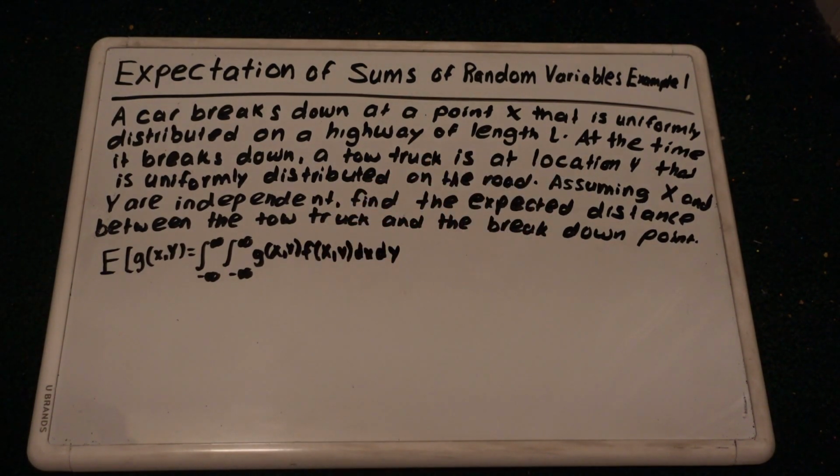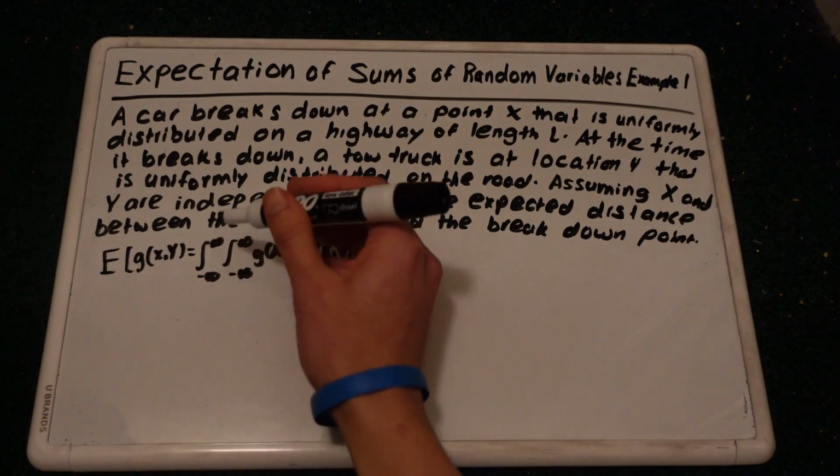We're supposing that x and y are random variables and g is a function of two variables. And if x and y have joint probability density function f of x, y, then it's this formula right here.